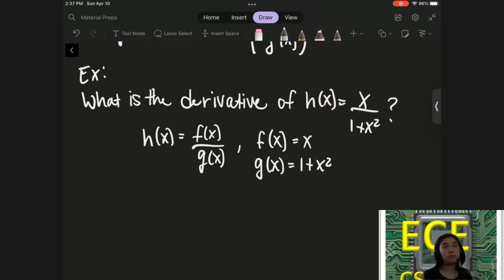So now let's just apply the quotient rule. So the derivative of, that looks like an n. Okay.